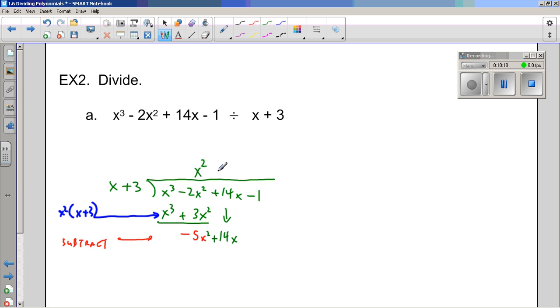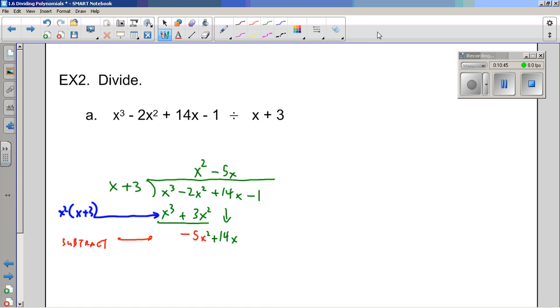So now, what do I write up here so that when I multiply x plus 3 by it, I'm going to end up with negative 5x squared? Well, hopefully you can see it's going to be minus 5x, because when I multiply minus 5x by x plus 3, the first term will cancel out.